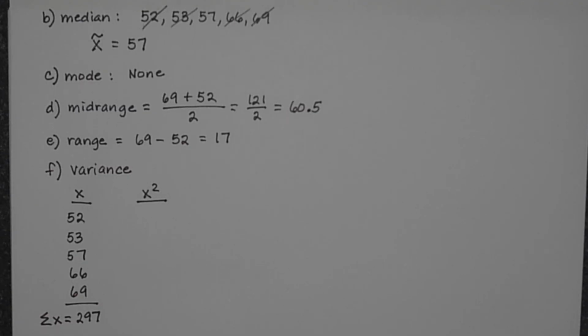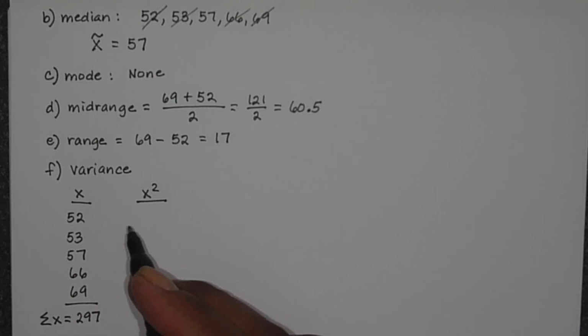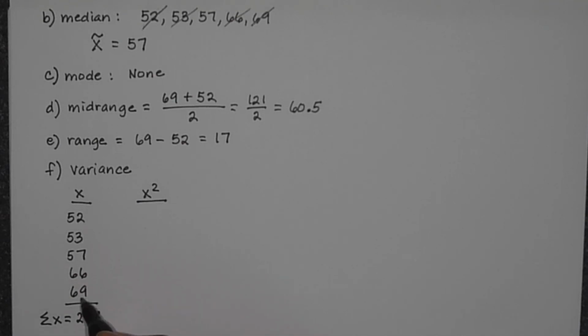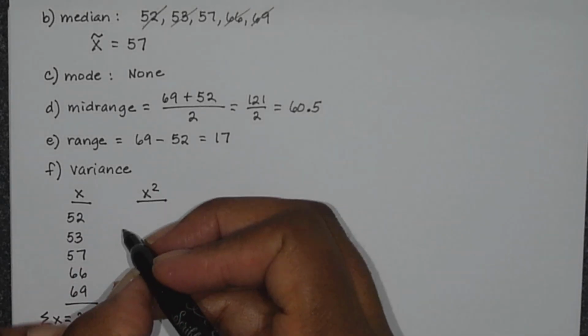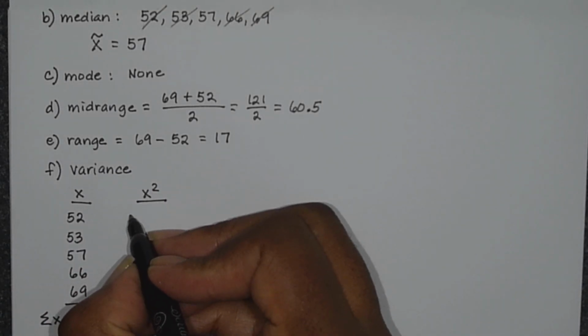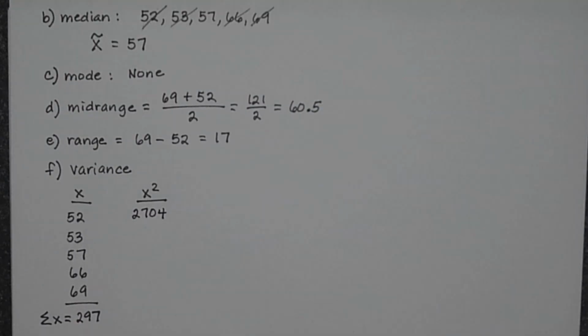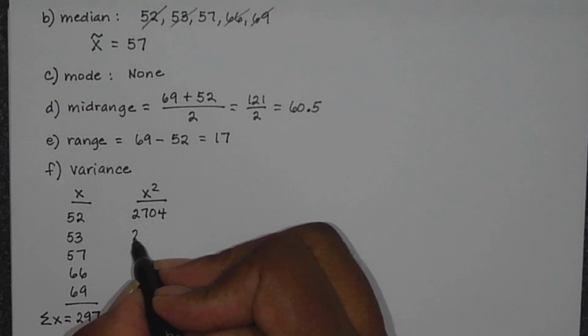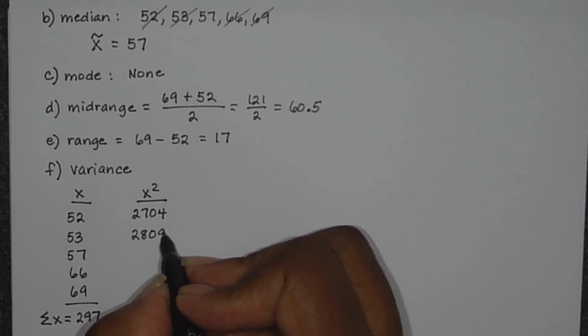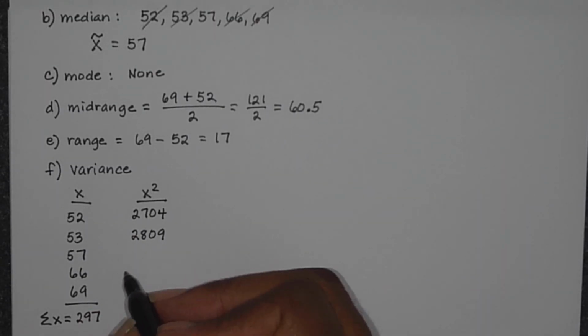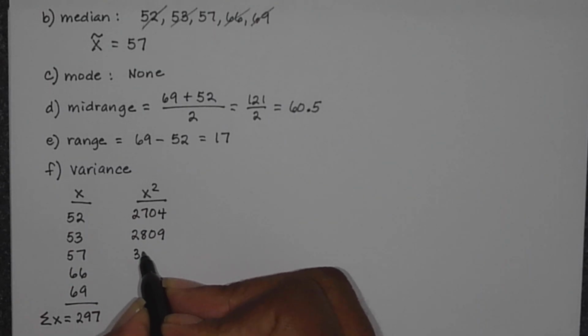Now we need to find what the square of each of these x values is going to be. If I square the 52, I would get 2704. And if I square the 53, I would get 2809. Square the 57, 3249.